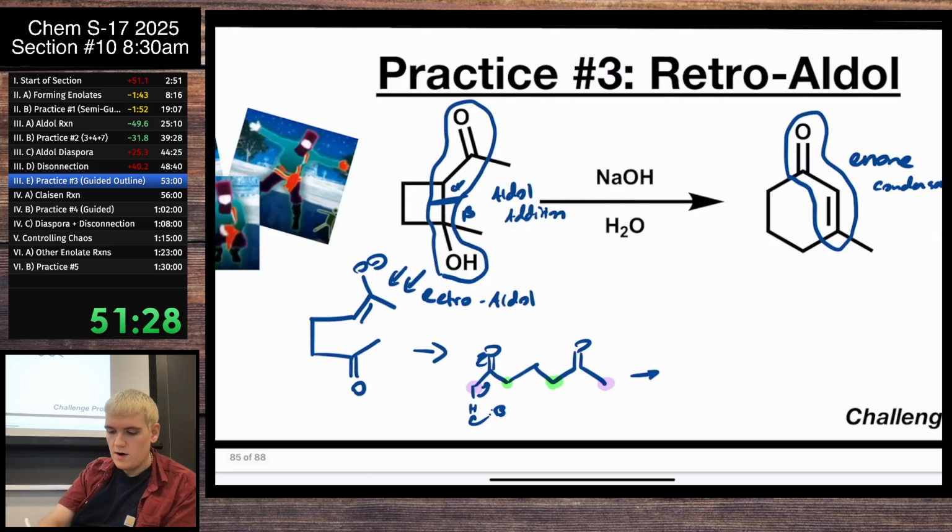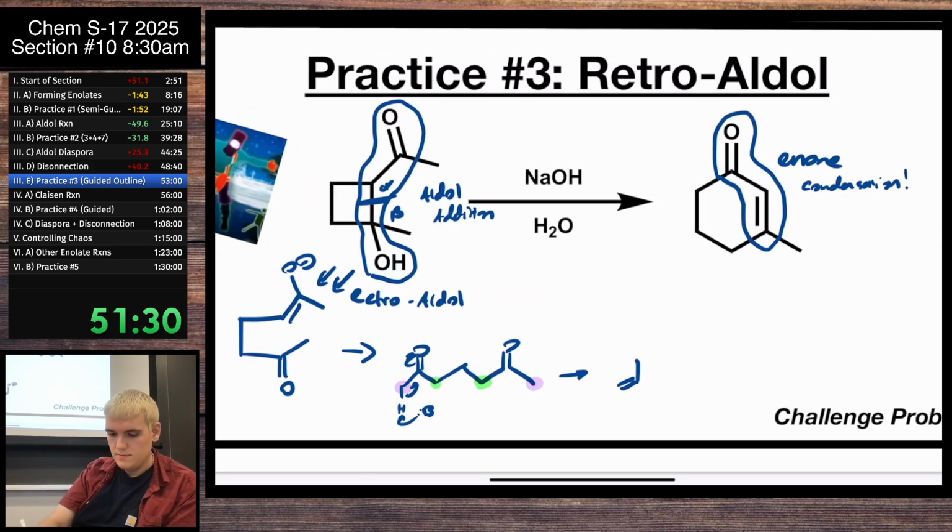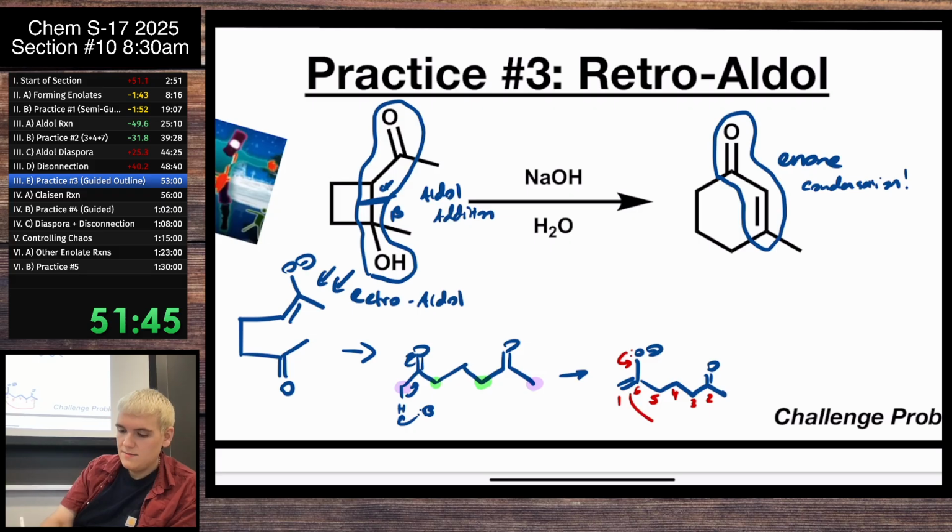then let's count some carbons. We know our alpha carbon is going to be 1. It's going to connect over here, 2, 3, 4, 5, 6. So we know when we push down and attack, it's going to make a 6-membered ring, which I'll make a better arrow.